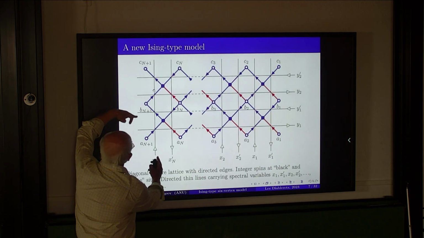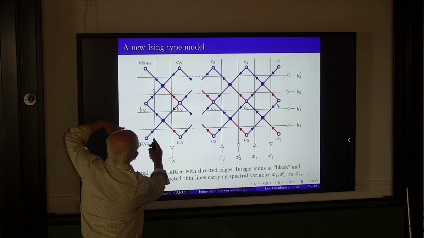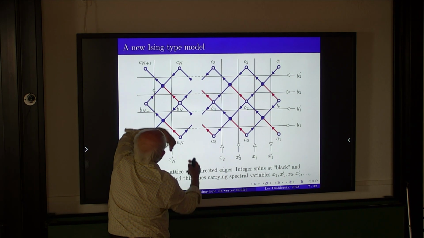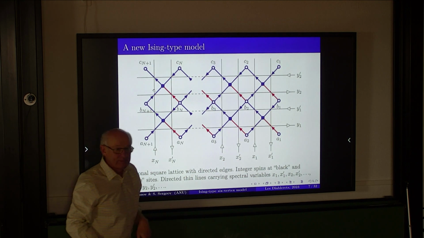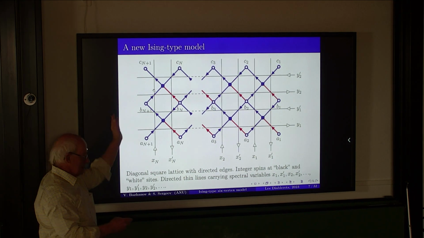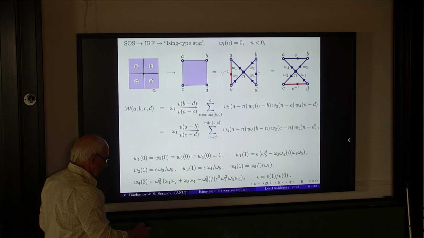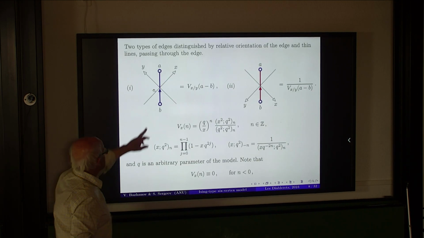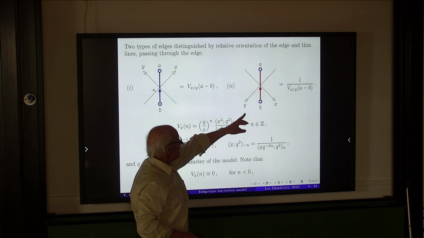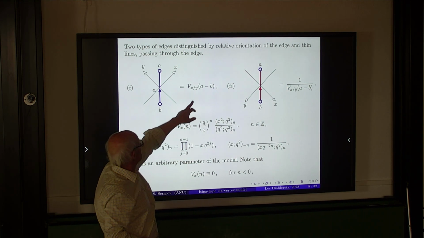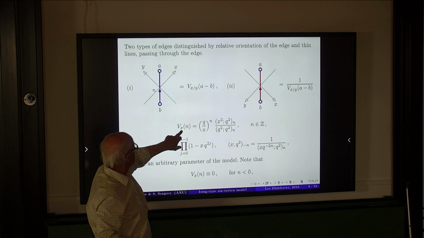Here you see, this one goes from here and this from here. But for this one, from here and from here. So the blue one is like this, and we assign them the Boltzmann weight, which is given by this formula.